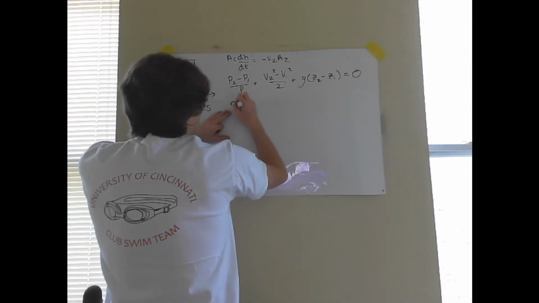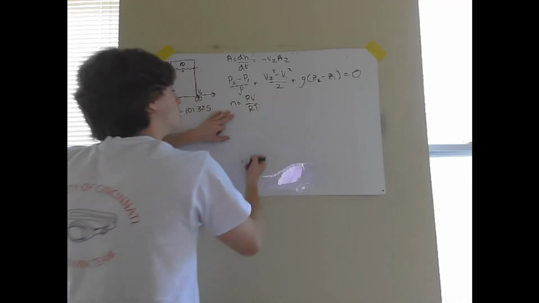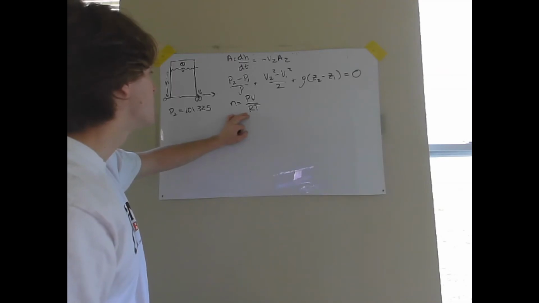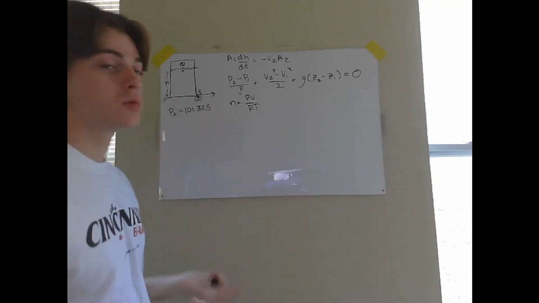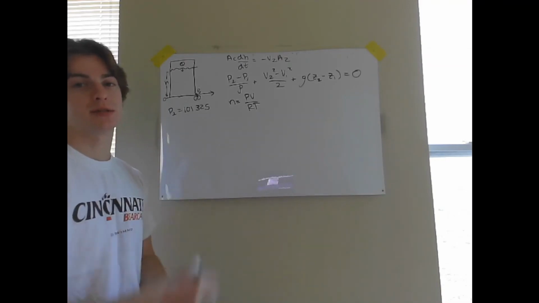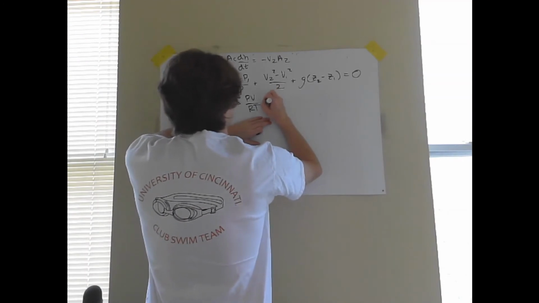Using our gas laws, n is just going to be PV over RT. Initially, when we close the tank, the pressure is going to be atmospheric pressure, but then as it drains, it's going to change. So we can use that initial condition to solve for our moles.